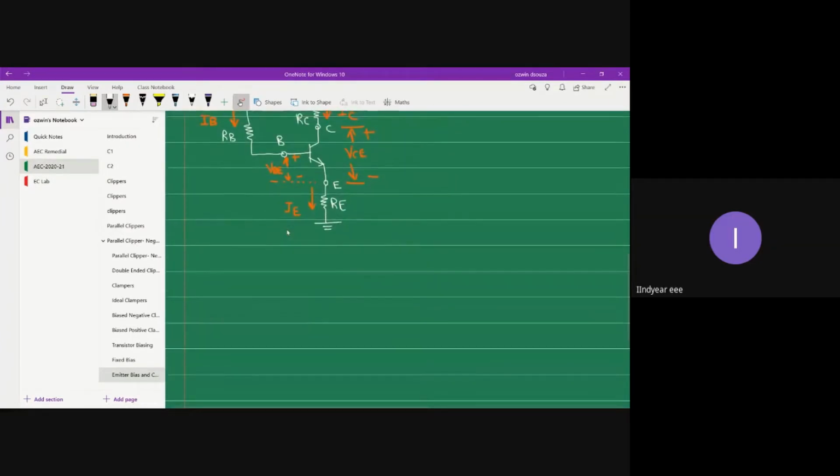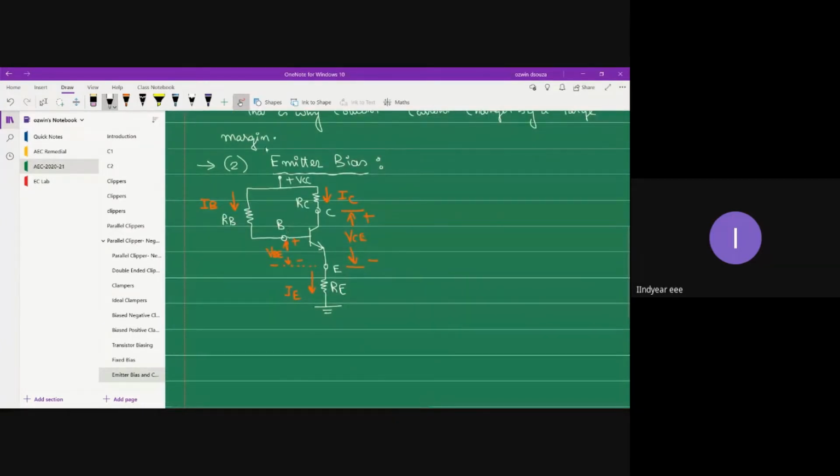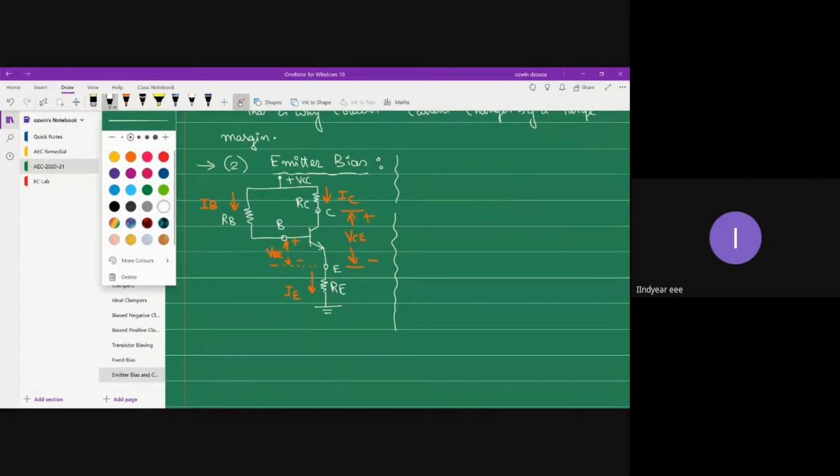Now, in order to apply KVL, it makes sense to have a simplified circuit. So what we can do is draw the simplified circuit.